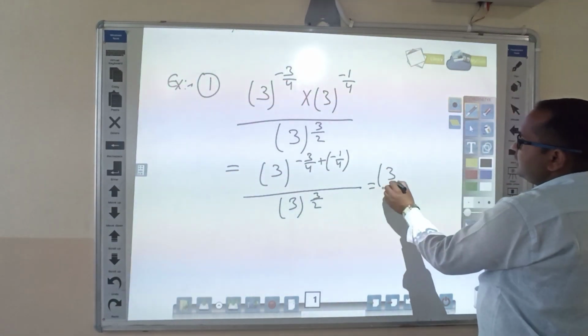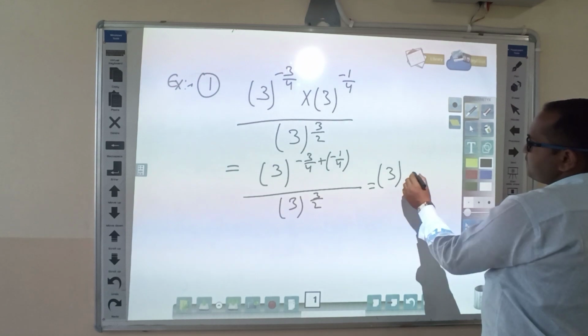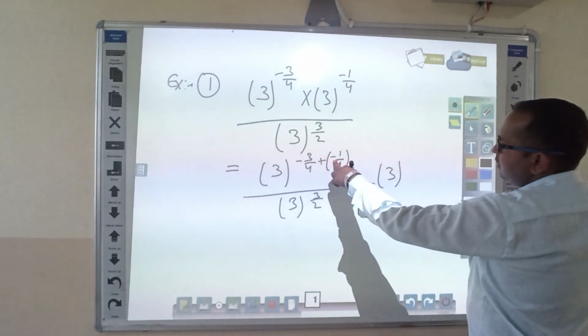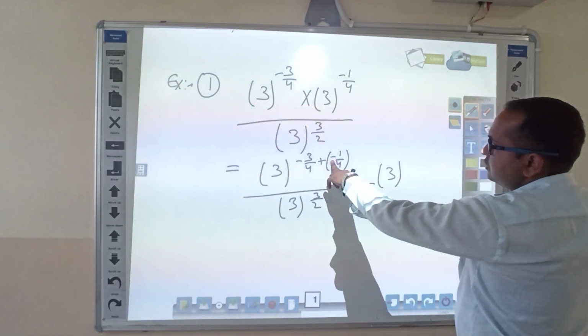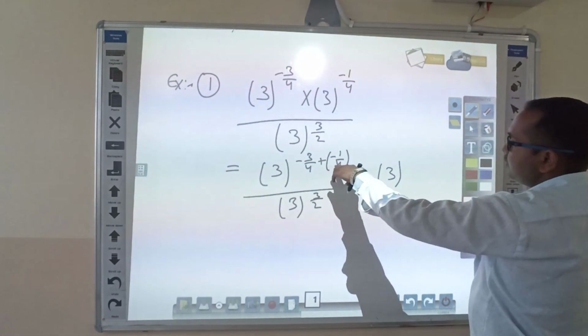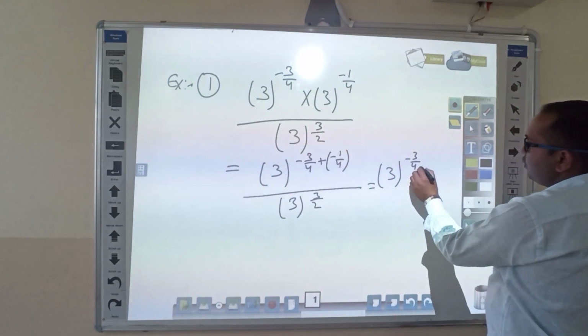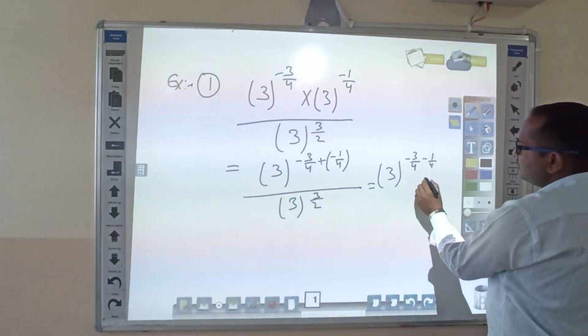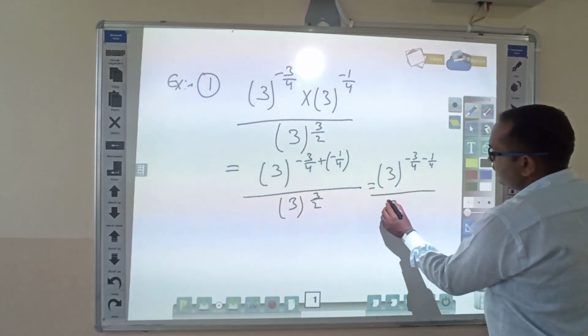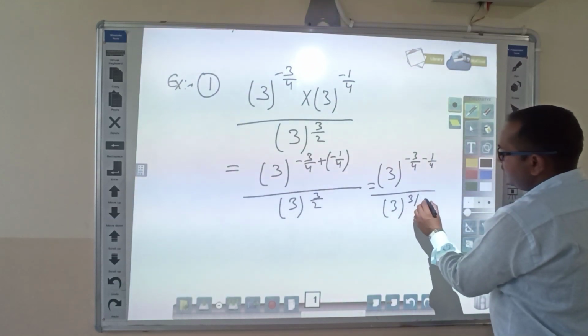So it gives 3, minus is in 1 time, so it is in odd times. When minus comes odd times, it gives minus. So minus 3 by 4 minus 1 by 4, divided by 3 to the power 3 by 2.